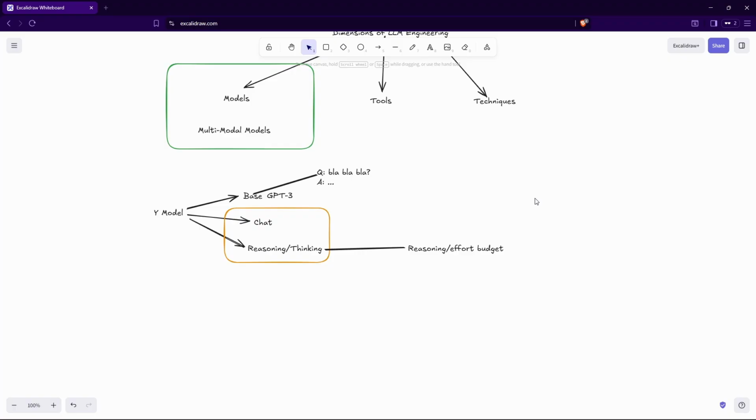The reasoning budget, or effort budget, gives you an indication of the amount of thinking that an LLM can do, the maximum amount of thinking it can do.